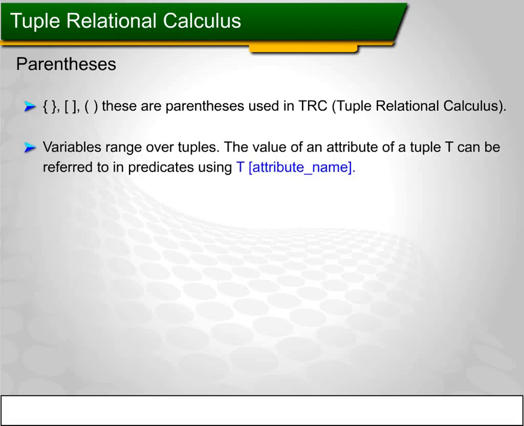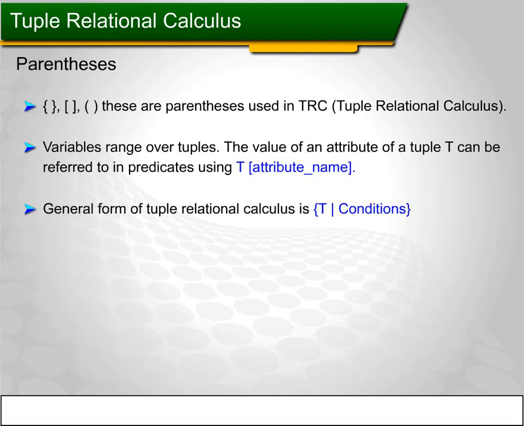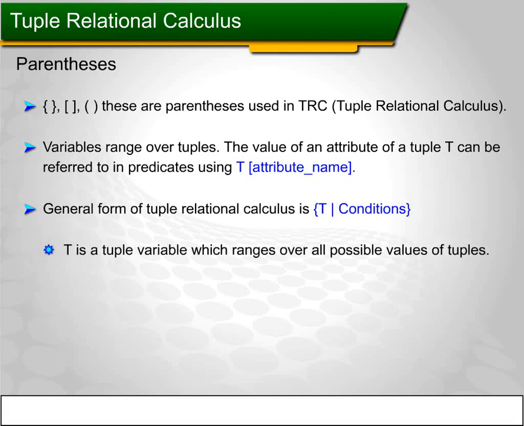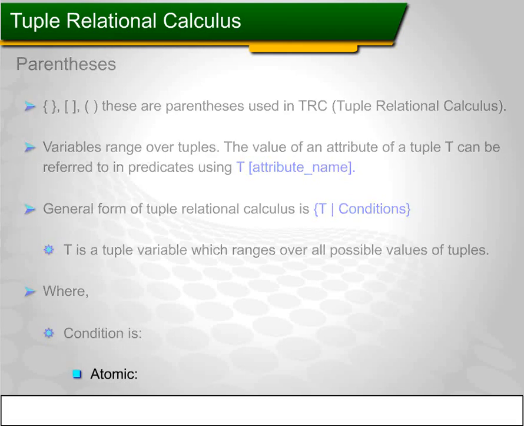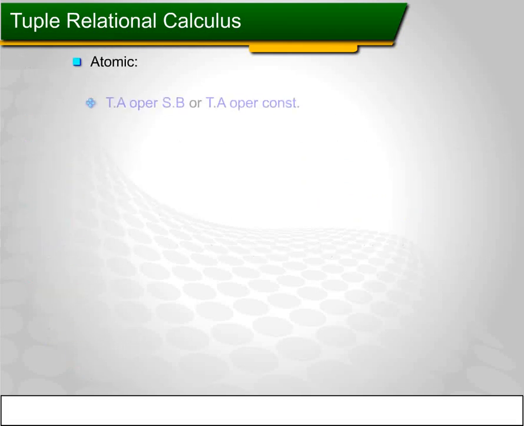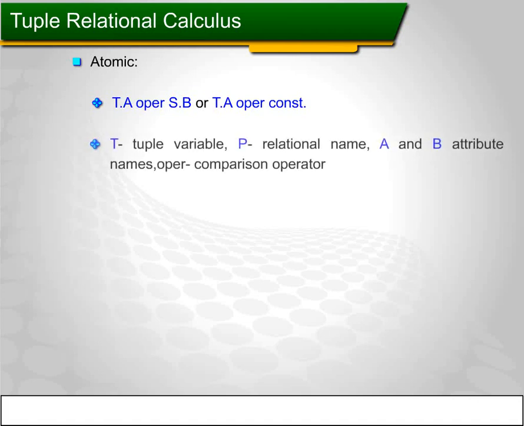Variables range over tuples. The value of an attribute of a tuple T can be referred to in predicates using T.attribute name. The general form of tuple relational calculus is {T | conditions}. T is a tuple variable which ranges over all possible values of tuples, where a condition is atomic: T.A op S.B, or T.A op constant.